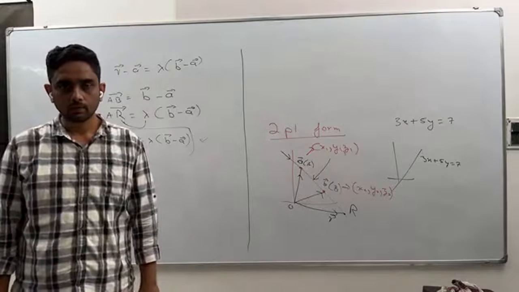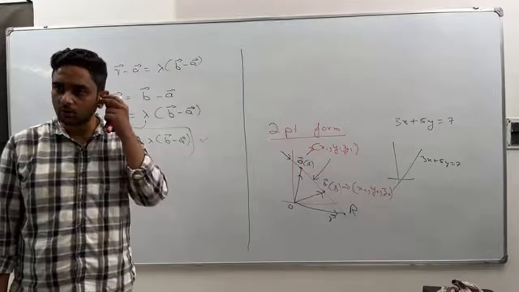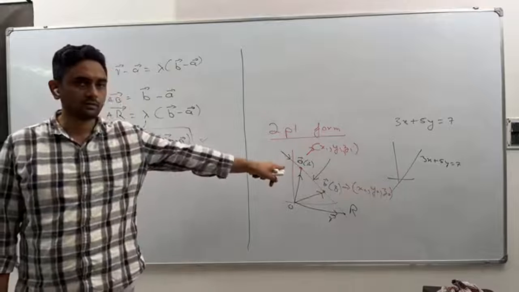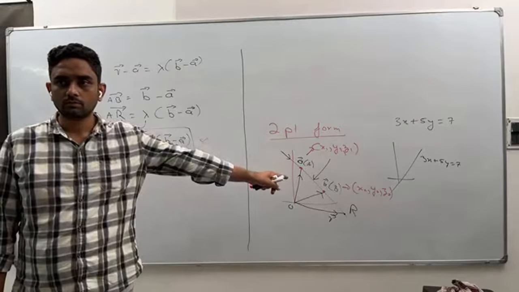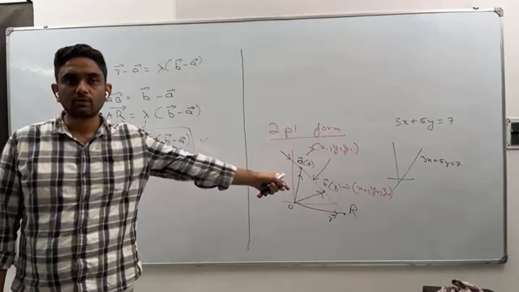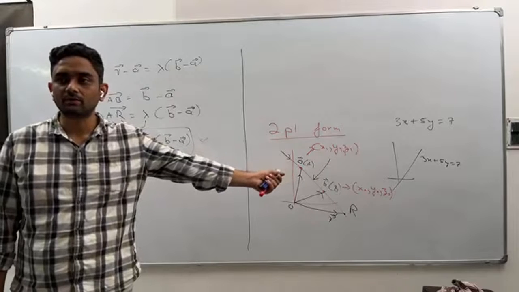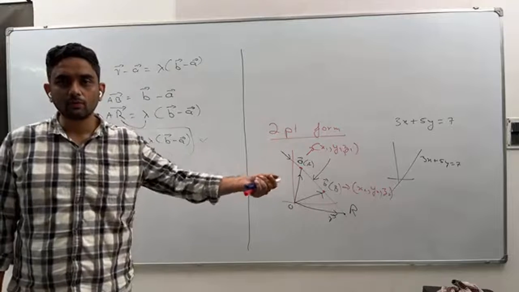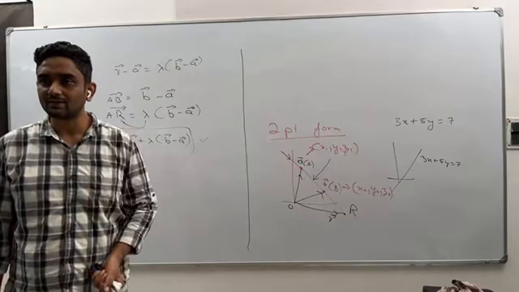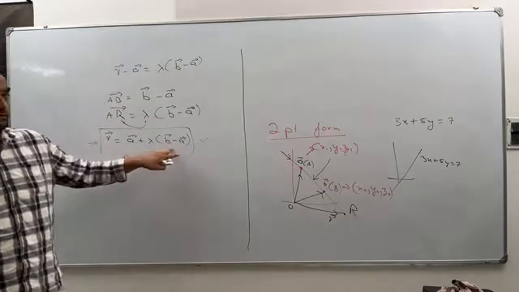Now that we have got these as the coordinates, first of all, what will be the direction of the line? What are the direction ratios between two points? x2 minus x1, y2 minus y1, z2 minus z1. That is the direction of the line. Here, what was the direction of the line?